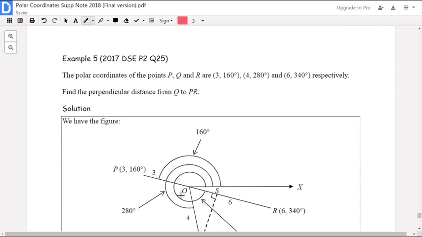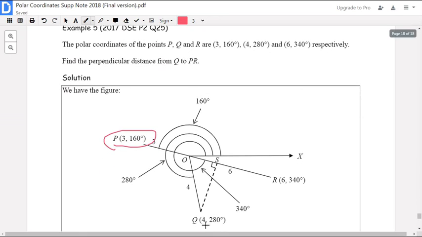Here, O is the pole, OX is the polar axis. First mark down P, (3, 160 degrees), about here. And then Q, (4, 280 degrees), about here. R is given by (6, 340 degrees) here.